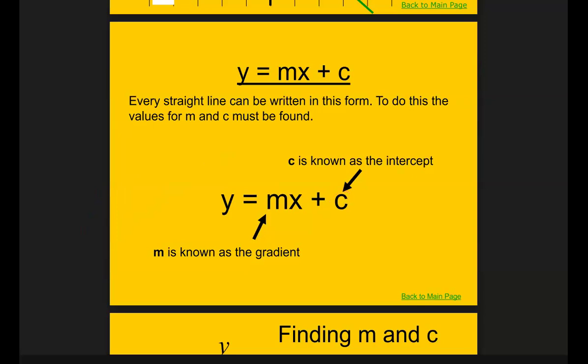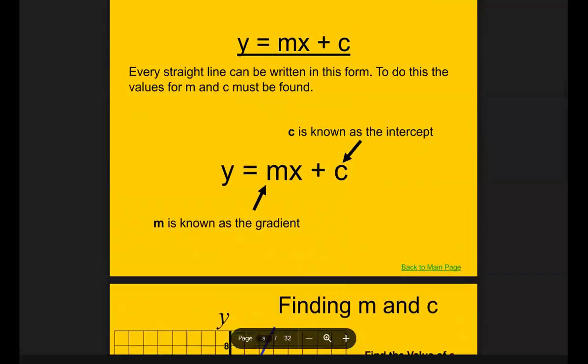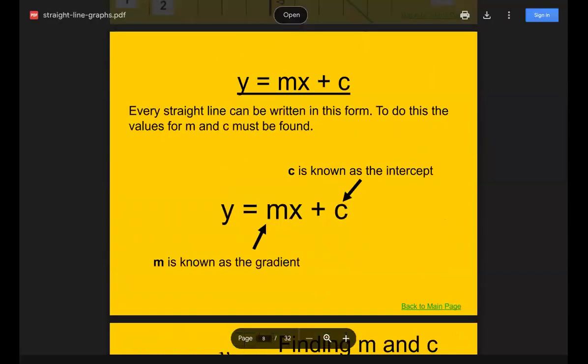When you want to write the equation of a straight line graph, it must be in this form, y equals mx plus c. In some instances, if they tell you the gradient equals 5 and the y-intercept equals 4, then y equals 5x plus 4.